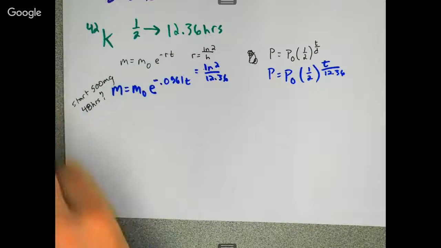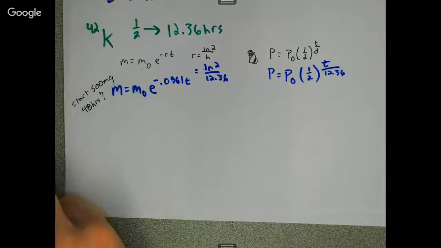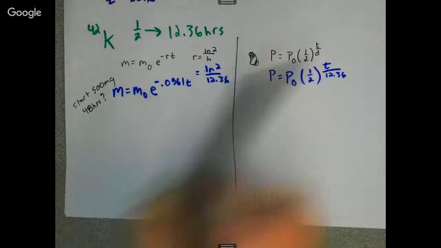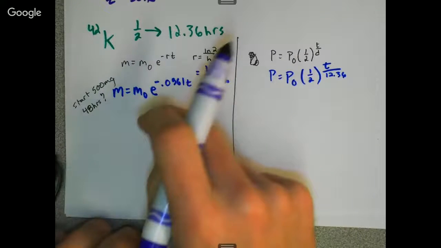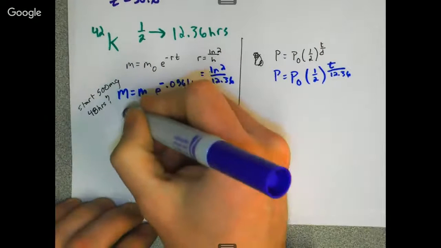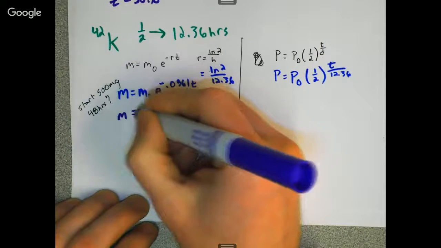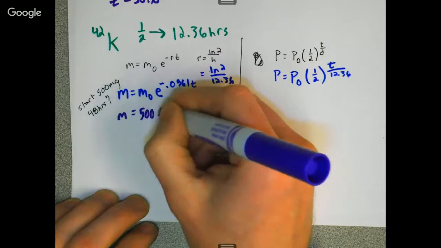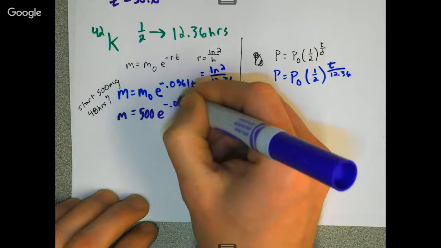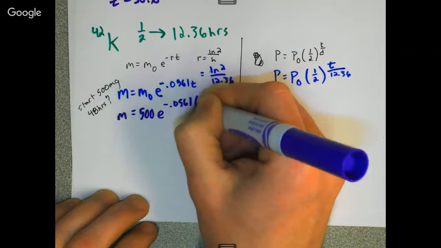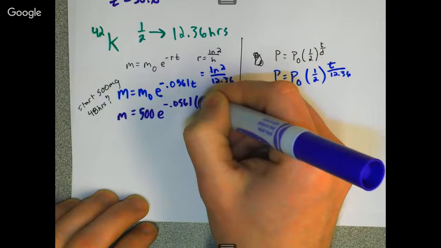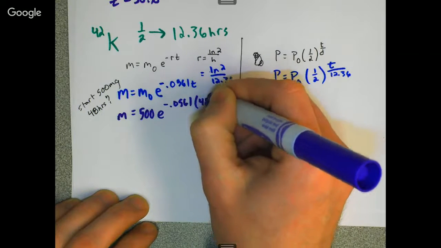Okay, so when I plug that in, let's split this in half so I can do each one. When I plug it into this one, my ending amount I don't know. My start amount is 500. I have e to the minus 0.0561 times 48 hours.